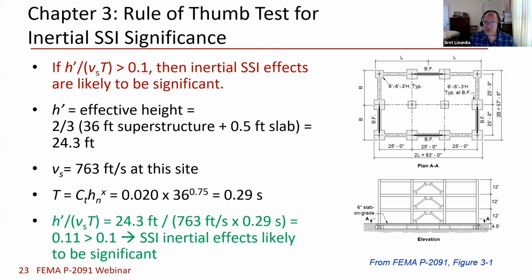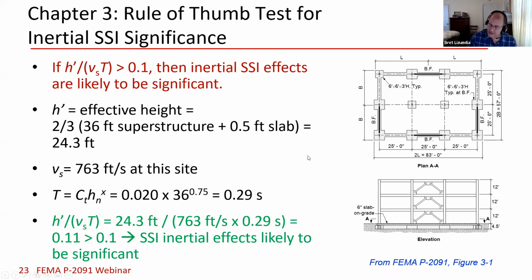Okay, so let's talk a little more quantitatively now. Is there some way that I can know, before I've done a whole bunch of work, if I may have benefit or impact from inertial SSI effects?